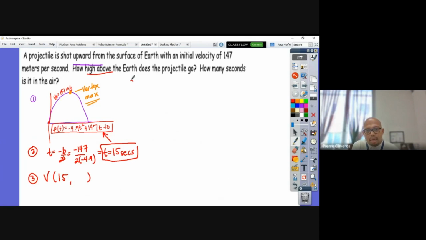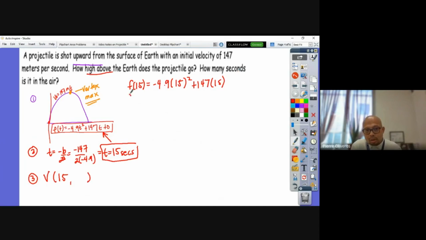So now f of 15 is equal to negative 4.9 times 15 squared plus 147 times 15 plus 0, which you don't have to write down. Negative 4.9, parenthesis, 15 squared, close, plus 147 times 15.